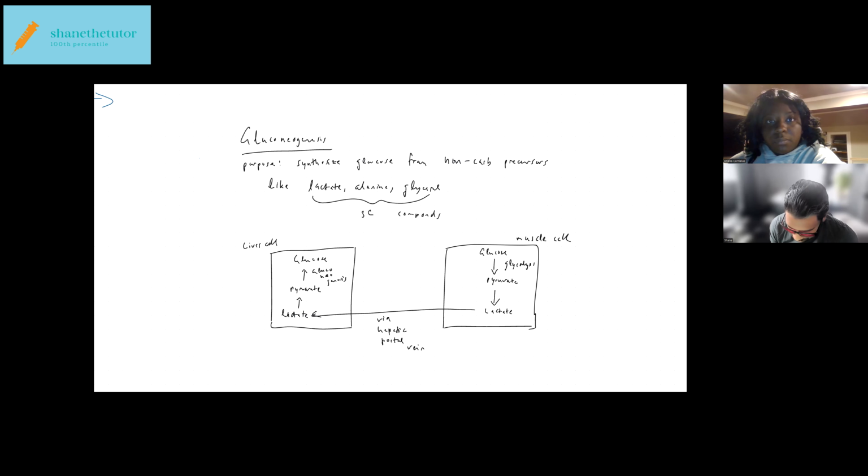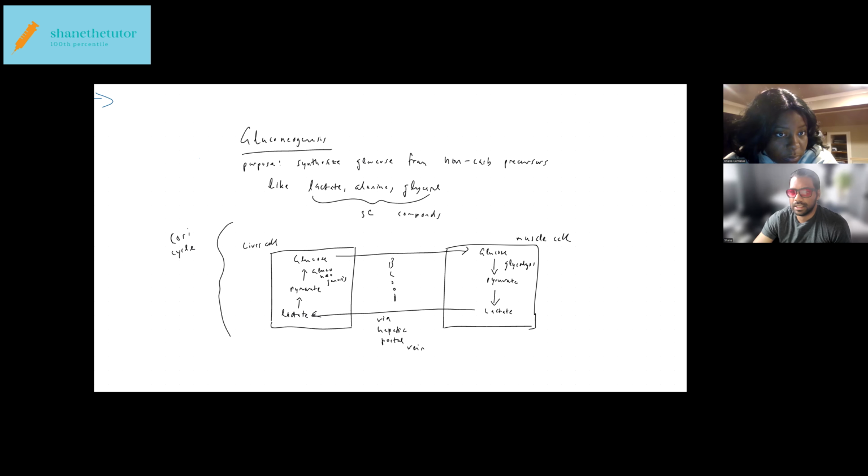And then the glucose could go back to the muscle cell. So this is all blood in between. It could go back to the muscle cell to break it down. And this entire thing is the Cori cycle.